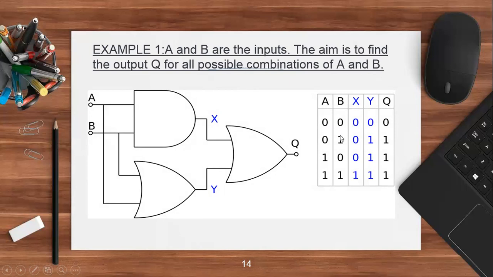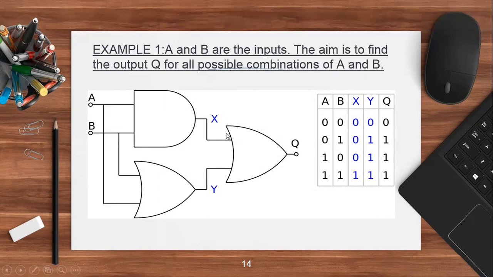A 0, B 1, Y is 1, because it is an OR gate. In an OR gate, only one state is 0, off position, and three states are on position. In an OR gate, three positions are on, and in an AND gate, three positions are off.